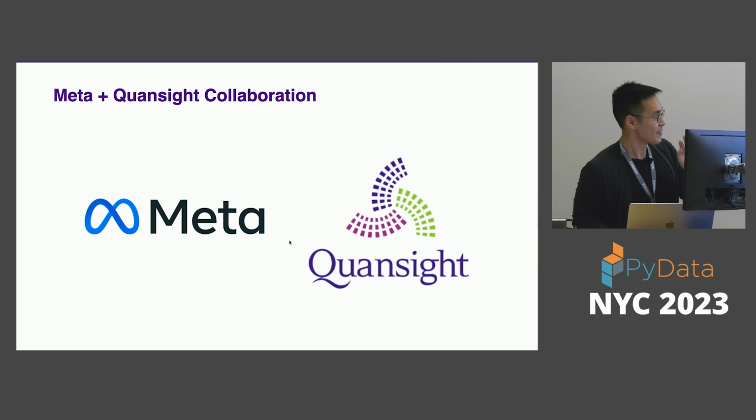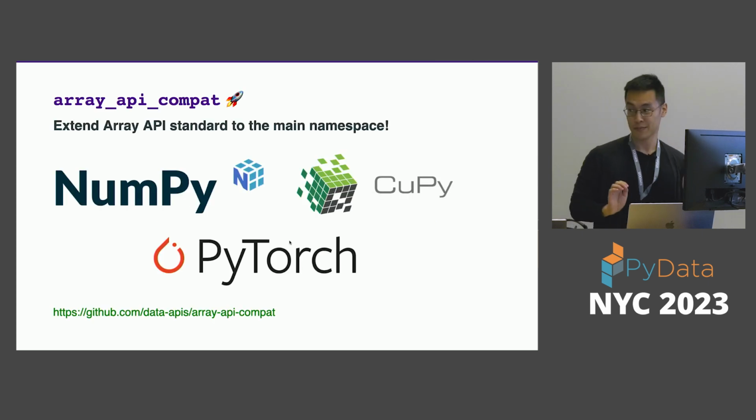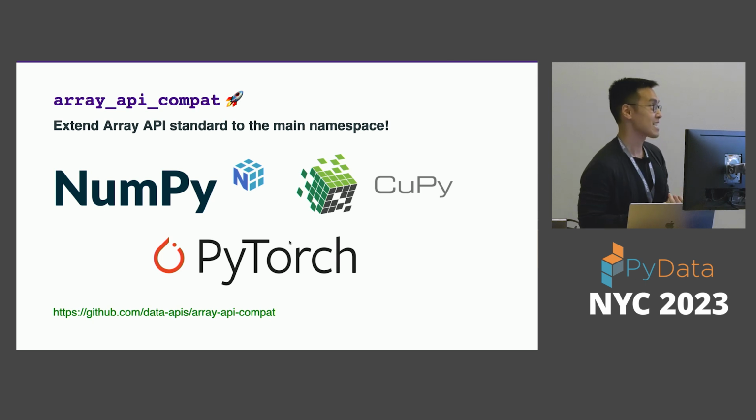But in a collaboration between Meta and Quansight, Quansight developed a new package that libraries can use to make this a little better. The library is called array-api-compat.